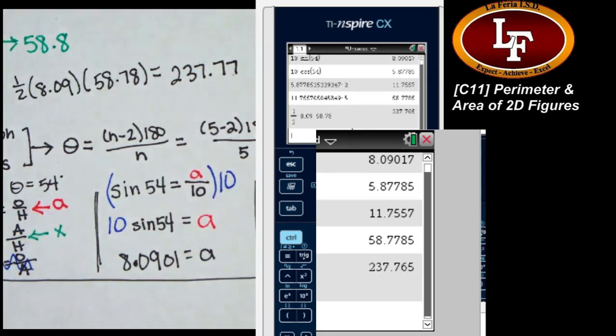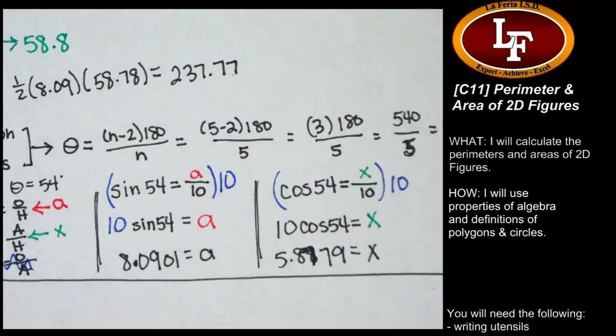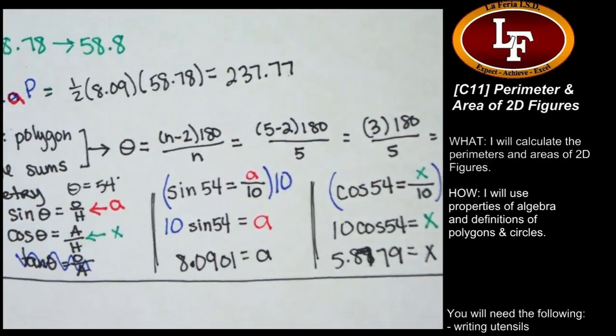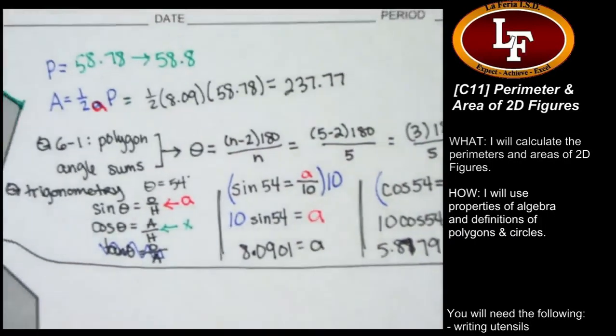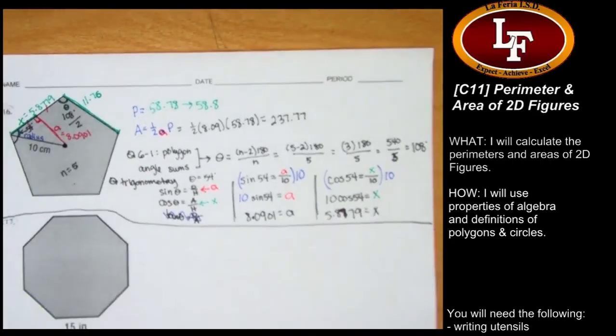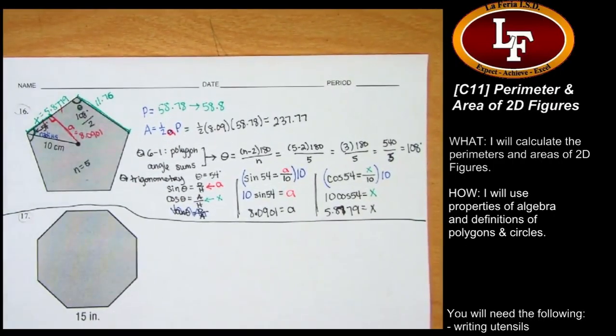Please make sure that you round it to the nearest tenth. You're going to look at that first 7, then at the one under it, and make your decision. All right, that one is fully done for you.